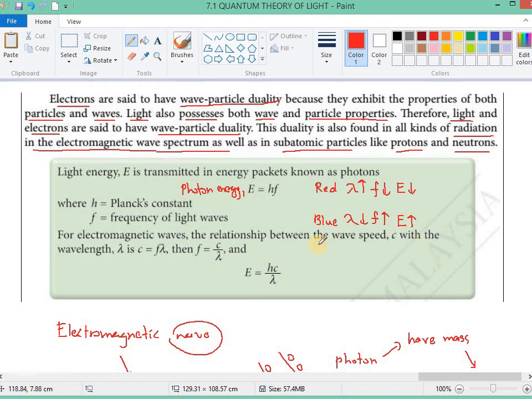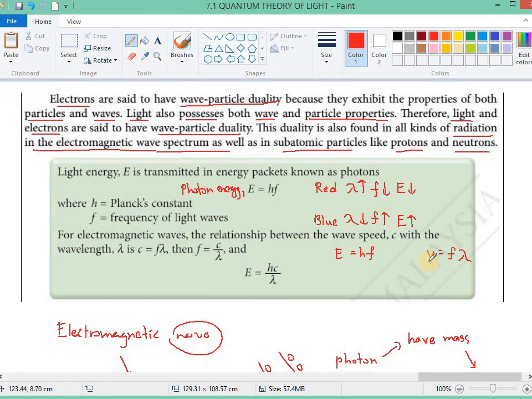Okay, and we can substitute the frequency with speed of light over wavelength, and we can get this equation. We can get the frequency from the wave equation, v equals f lambda. This v is the speed of light, f is the frequency of the light, and lambda is the wavelength of the light.